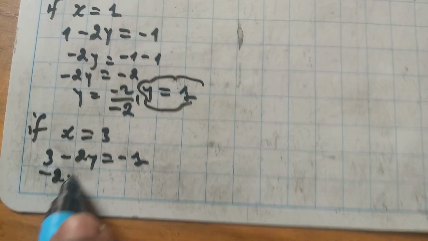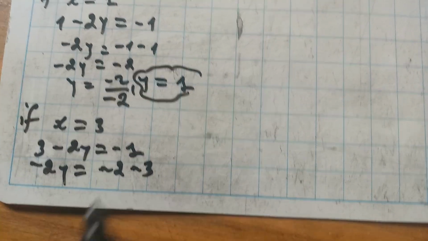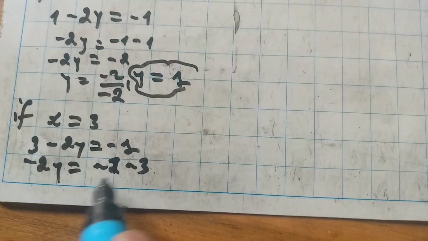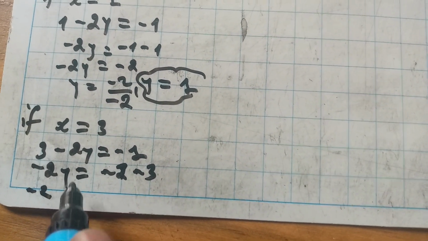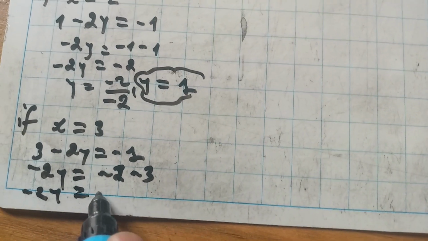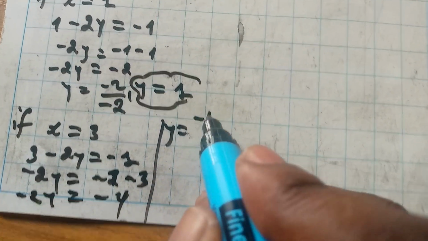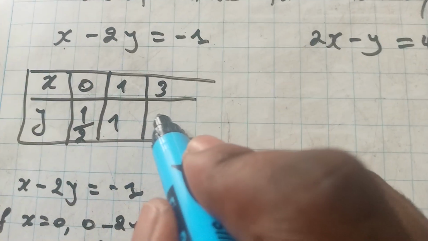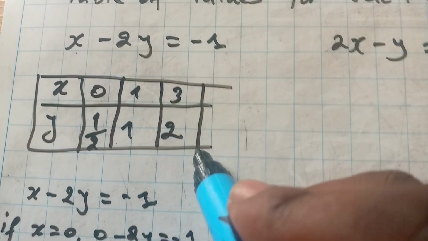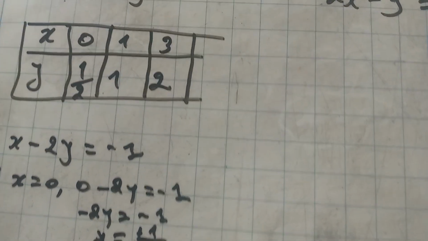So my negative 2y is equal to negative 1 minus 3, then my negative 2y is equal to negative 4, where y will be negative 4 divided by negative 2, where y is equal to 2. So I have 2 here for x, which is equal to 3. We can even use only those 3 points because they are enough.